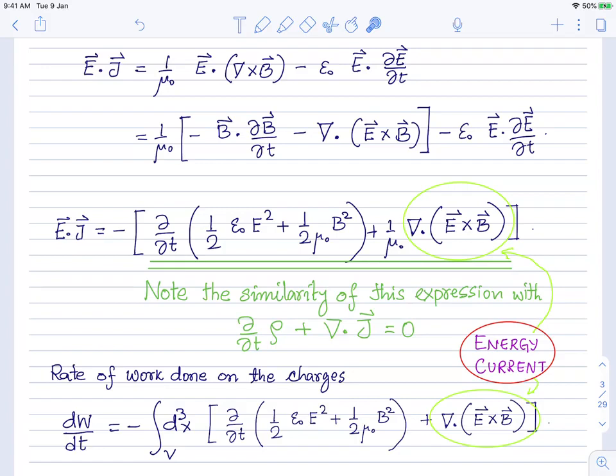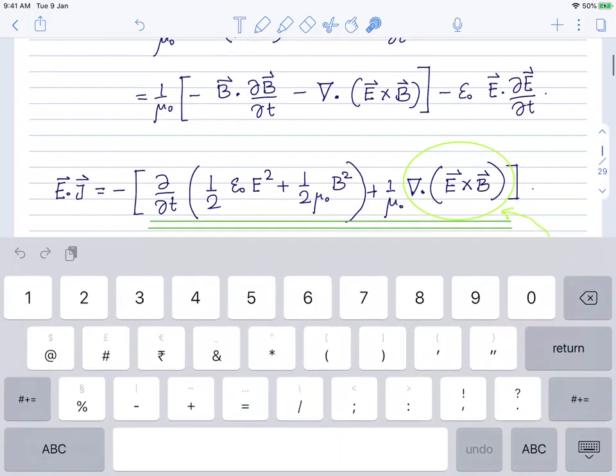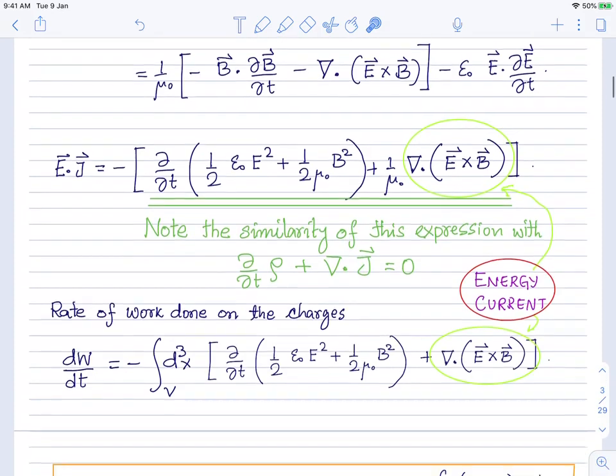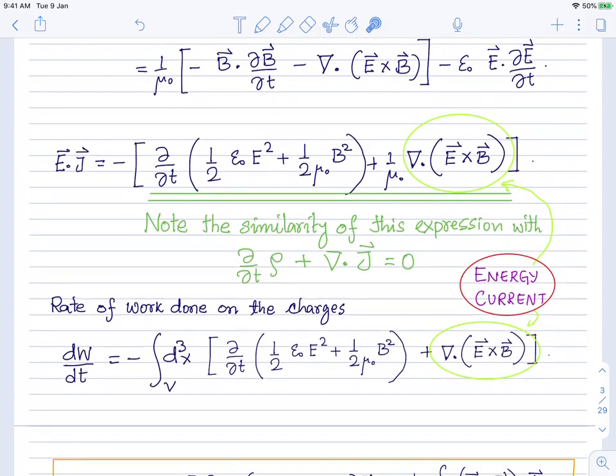That is related to the time derivative of a quantity here, and we also have another quantity here, which is the divergence of E cross B. So just try to appreciate the similarity of this local expression here with the current conservation equation.